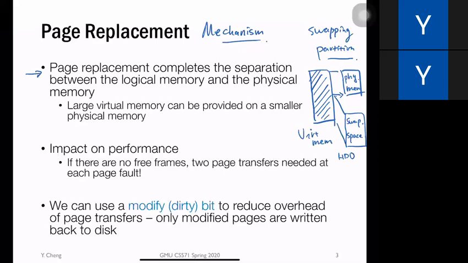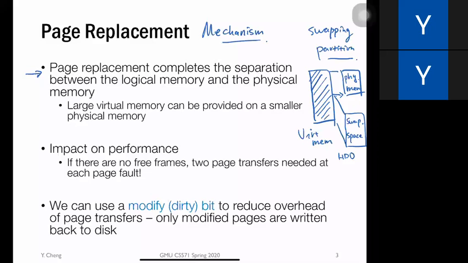Of course, if you use an extremely slow persistent storage medium as an extension to the physical memory, it would have an impact on the workload or application's performance. So if you have already reached the maximum capacity of the physical memory, then you have to make a decision about which exact page you want to evict from the main memory.